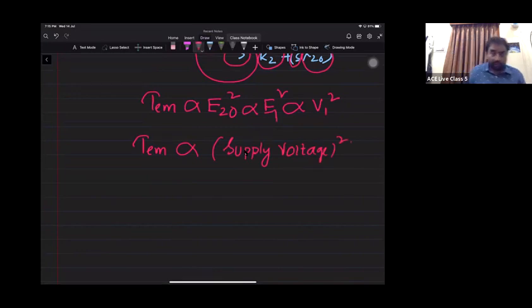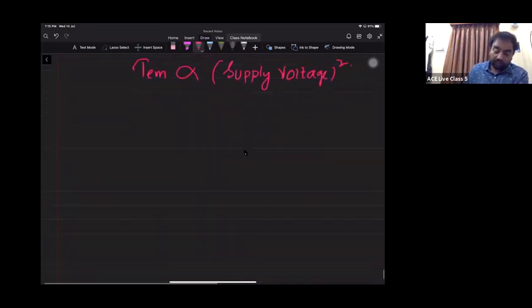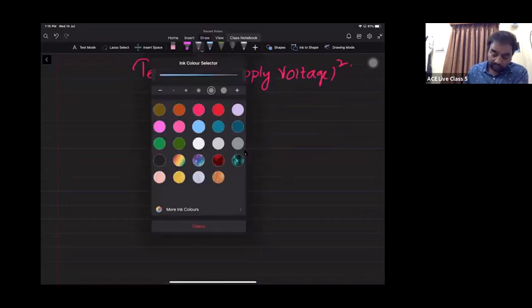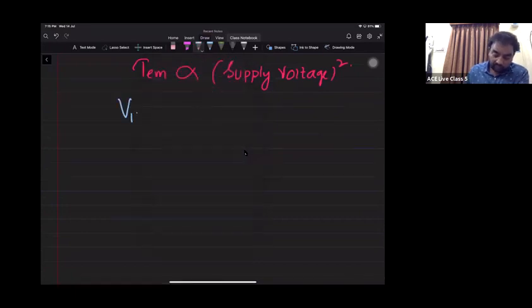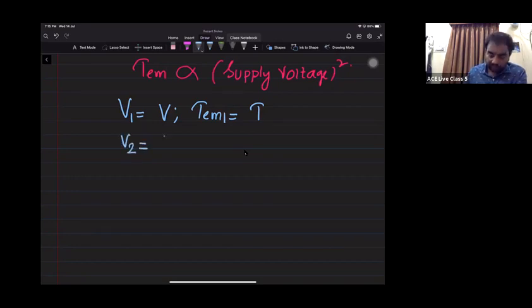What do you mean by that? I'll take one example so you can understand. After this I'll give a break. Initially I'm applying a voltage of V. Then the electromagnetic torque developed by the motor is, say, T. Now I'm decreasing this voltage by 10%. 10% means instead of V, I'm applying 0.9 V. So the voltage is reduced by 10%.